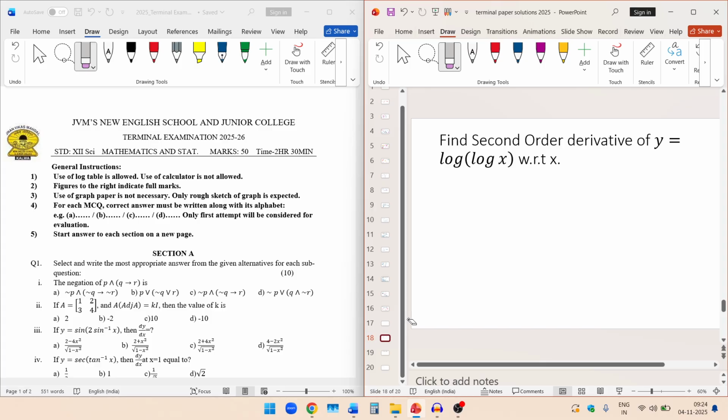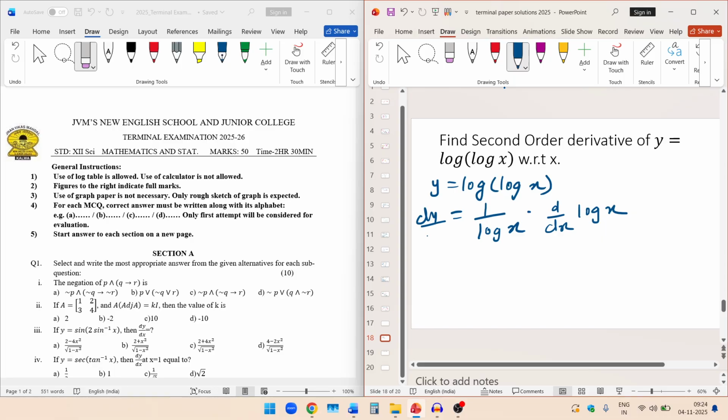y is log of log x. First of all, find the derivative of log of log x. That should be 1 upon log x times d by dx of log x.